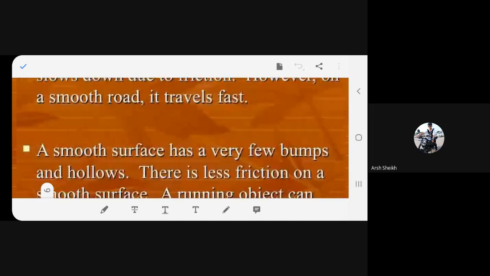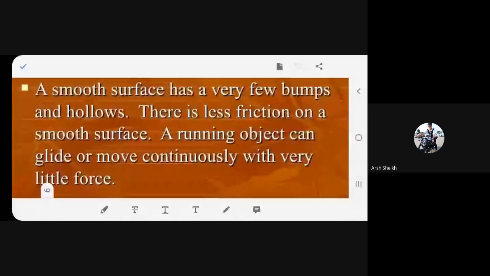Let's go to another activity. Please read. A smooth surface has very few bumps and hollows. There is less friction on a smooth surface. A moving object can glide or move continuously with very little force. Now, if I talk about a smooth surface, for example, this is a smooth surface.